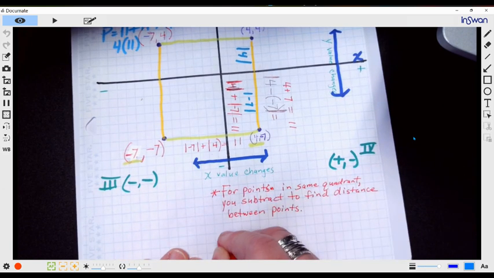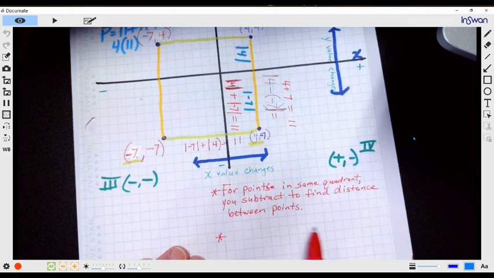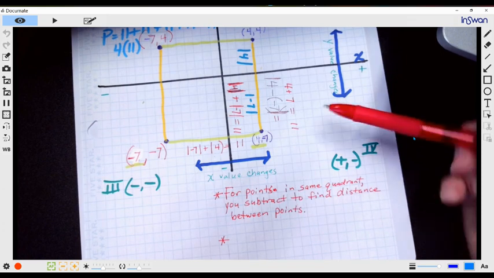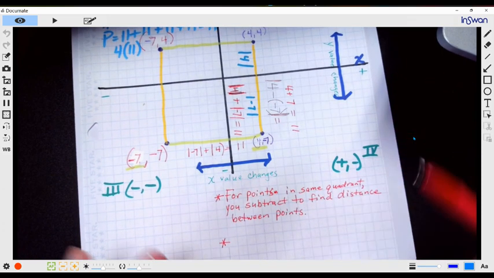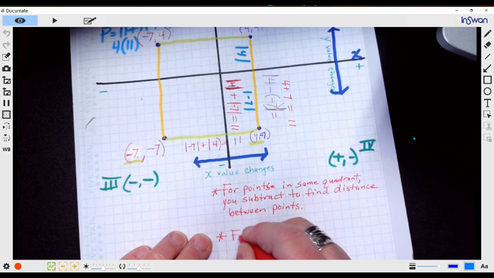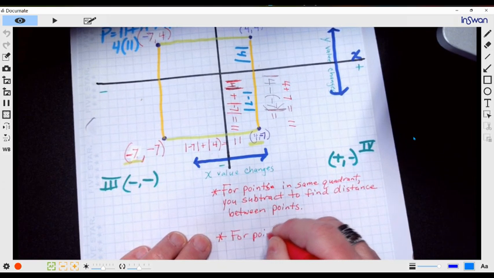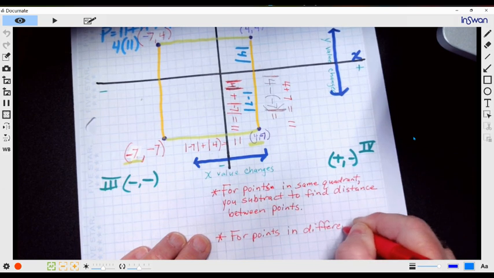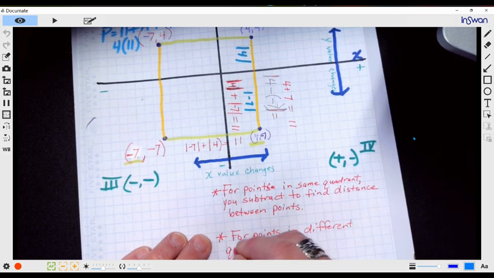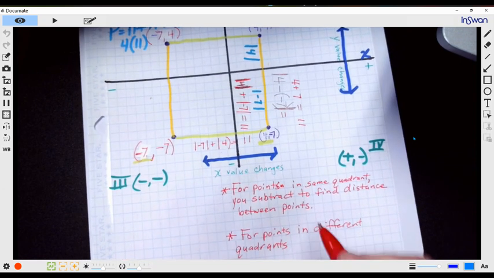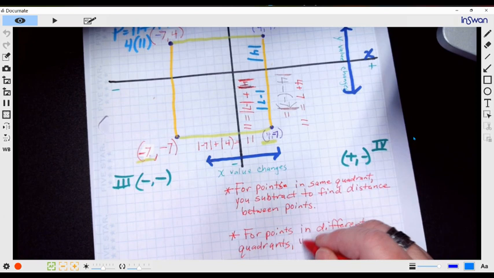All right. If you're subtracting to find the distance between points, of course, you can subtract and do it the weird way, like this shows here, but it's easier for me if I have points that are in different quadrants. So for points in different quadrants, you add absolute values.